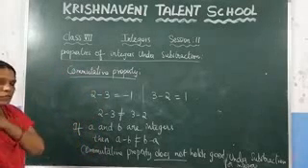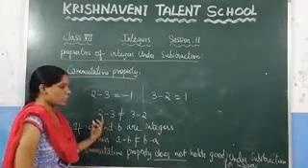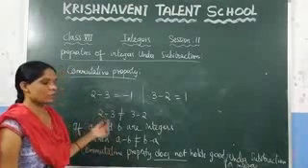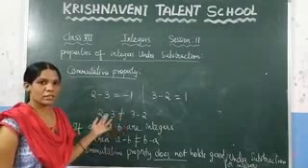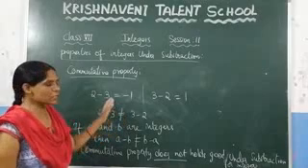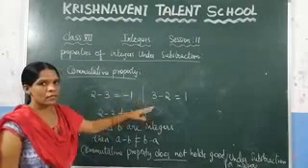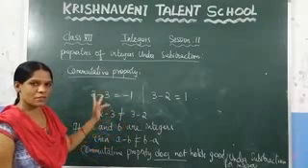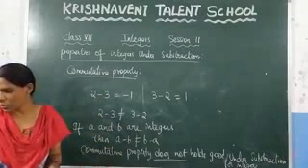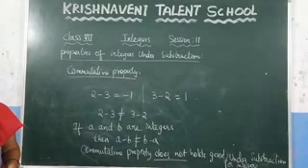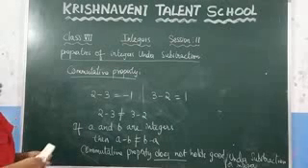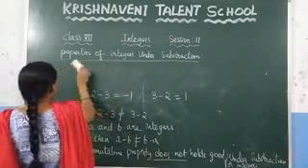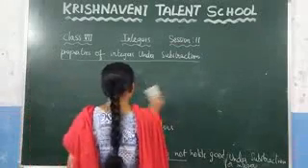What it states is, if you consider any two integers and change their order, you have to check whether the result you are getting is the same or not. Since here the result is not the same, we can say that the commutative property does not hold good under subtraction for integers. Now see the next property. Now we are discussing the same thing under division.